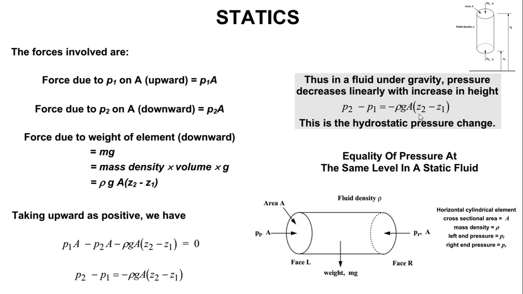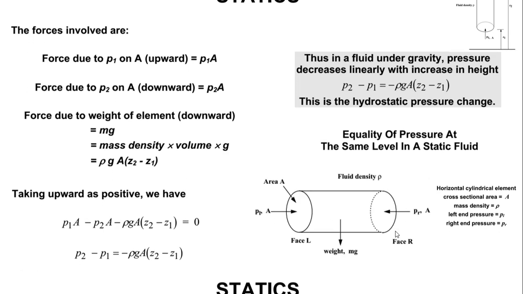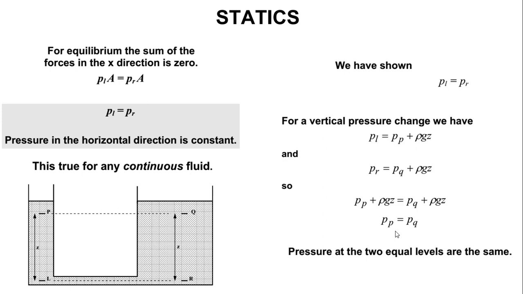Now with this hydrostatic equation, we also need to check what we get if this container has been put horizontally. In this case, we go back to Pascal's law, because when it's horizontal, the pressure in the horizontal direction is constant.